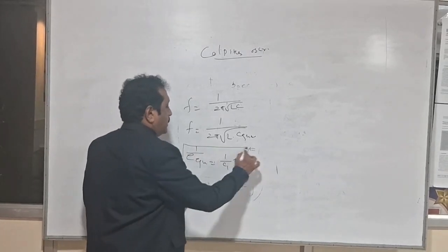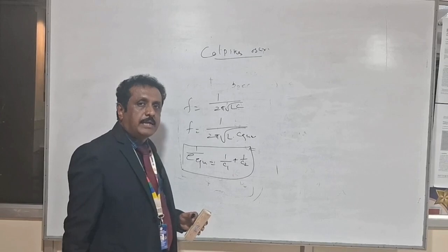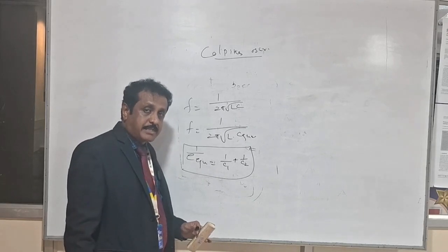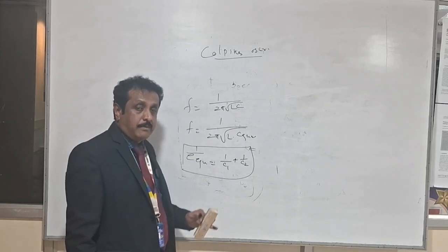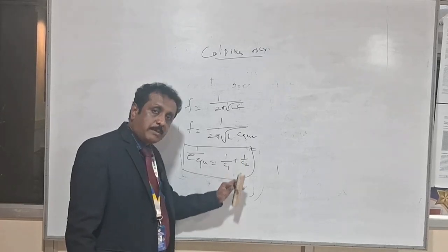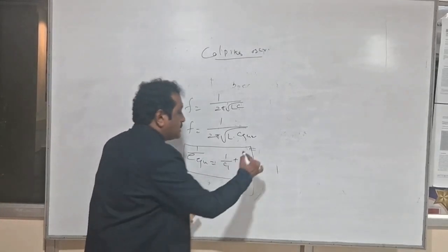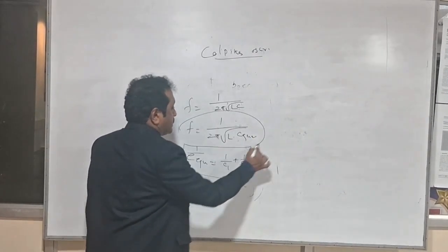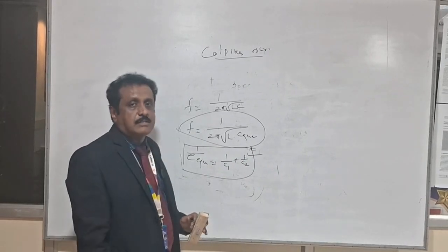That is the equivalent C formula. Since the two capacitors are in series, the equivalent is 1 by C equivalent is 1 by C1 plus 1 by C2. That is the entire frequency of oscillation formula for Colpitts oscillator.